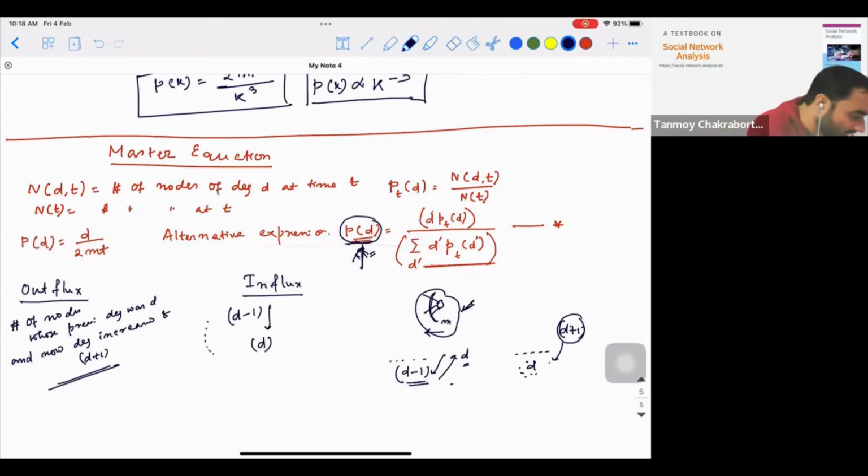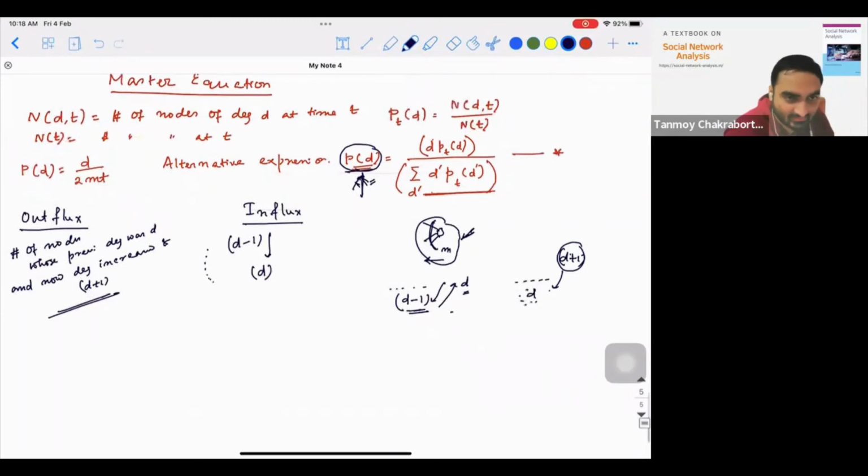So when we look at the change in the number of nodes of degree d, the change is outflux minus influx, or the other way around, it doesn't matter.